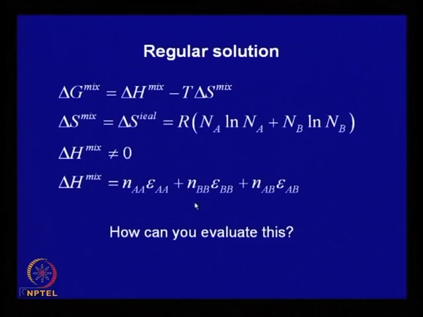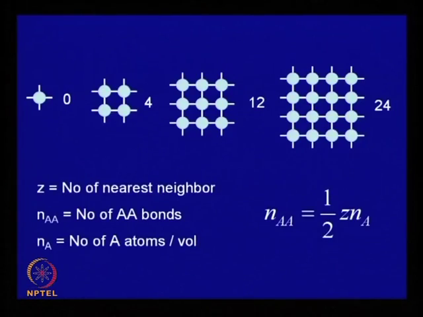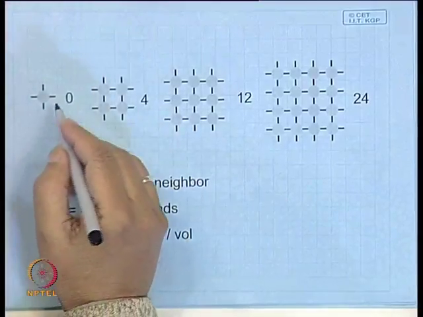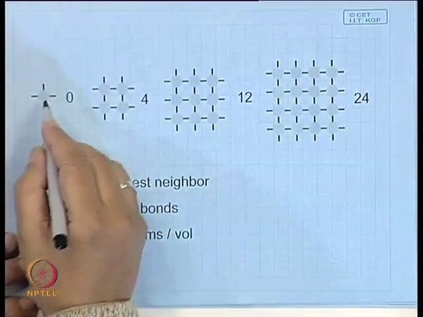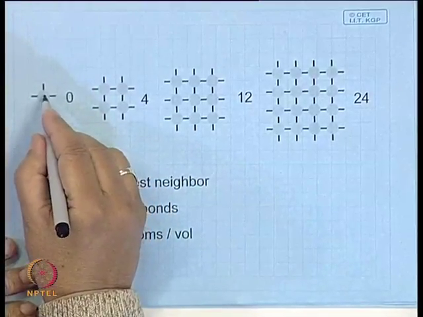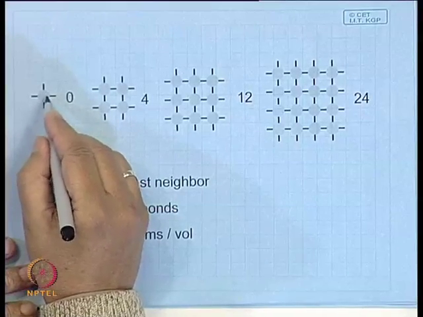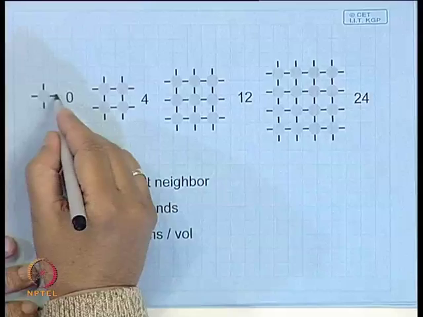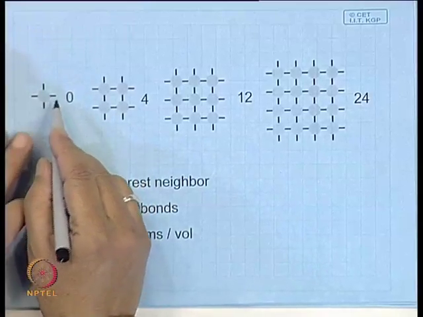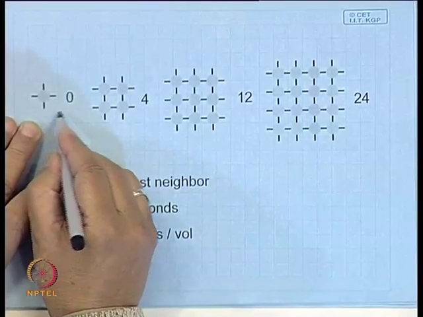Now, how is it possible to calculate this theoretically? Let us see how this is done. When you form bonds, here is a 2D representation of bond formation. This is an atom A, let us say, and it has 4 bonds. In that case, here the number of bond formations is 0.